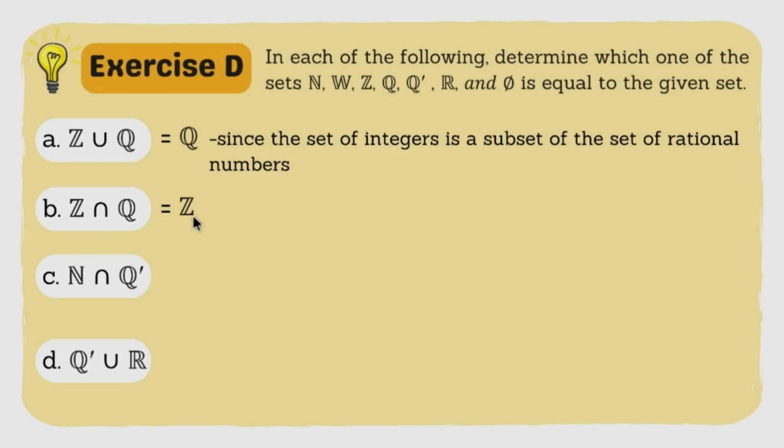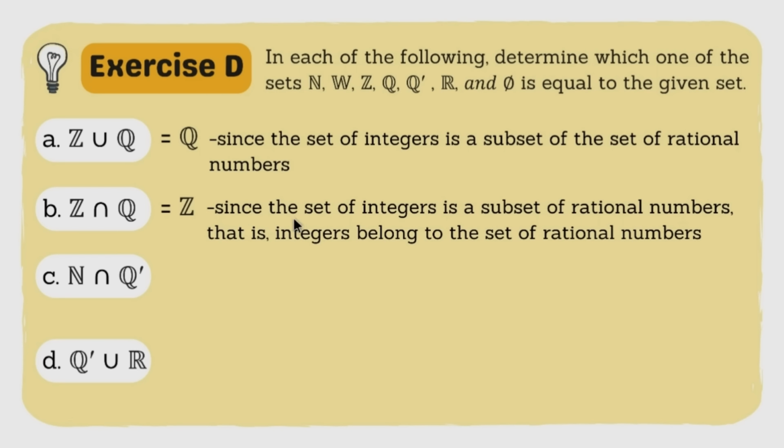As we discussed earlier, since the set of integers is a subset of rational numbers, integers belong to the set of rational numbers. What I asked at first, can a subset be considered an intersection? Yes, because all the elements of integers are already elements of rational numbers, therefore that is also their intersection.